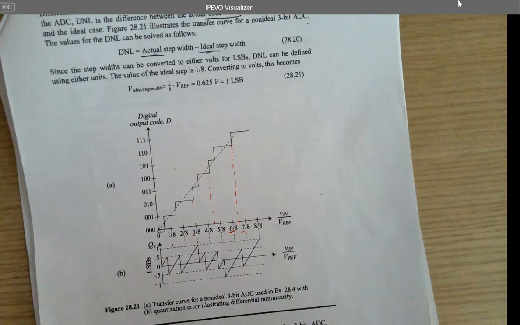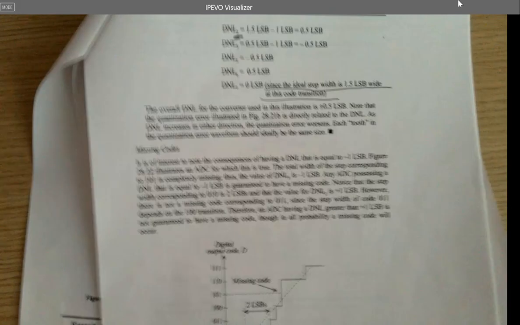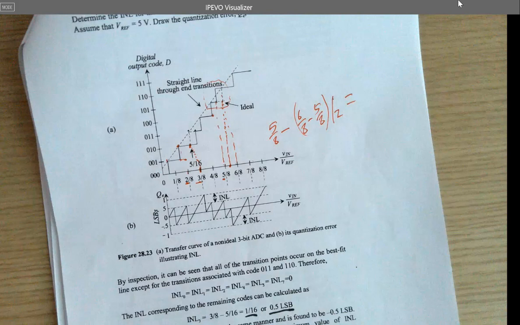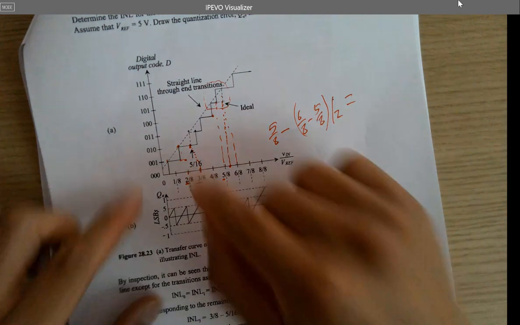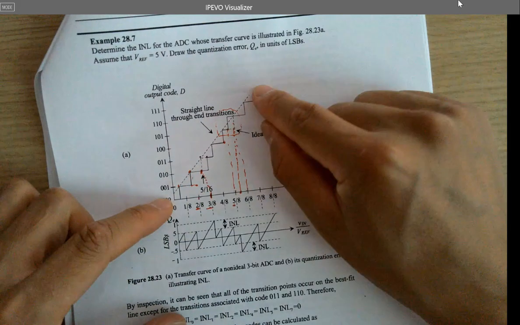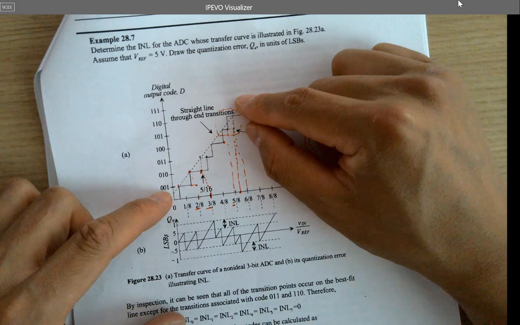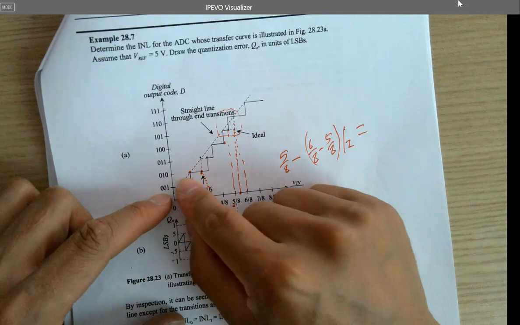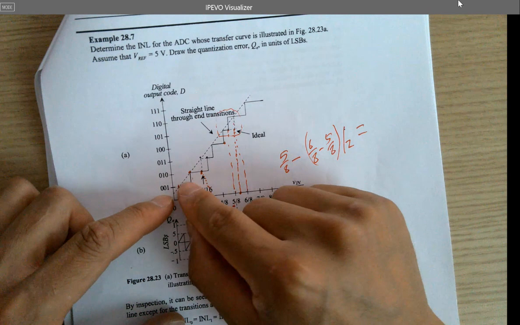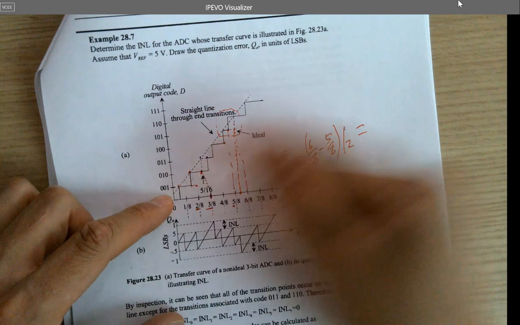Okay, clear on DNLs. Now let's look at INLs, integral nonlinearity of the ADCs. It's a little confusing here because the textbook has the ideal curve moved up a little bit, but I think since every point is moving up, it's not actually affecting the results. It's just easier for calculation.